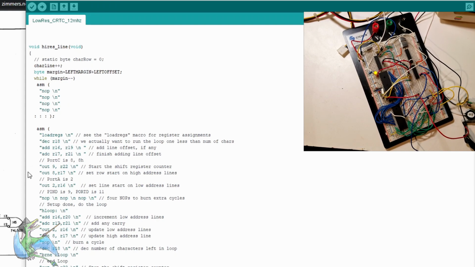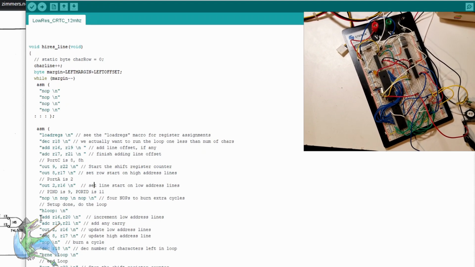So at the start of the line, we start the shift register shifting. Then we output the dot line. That's one instruction. Second instruction, we're doing these NOPs here because we lead into the actual loop.